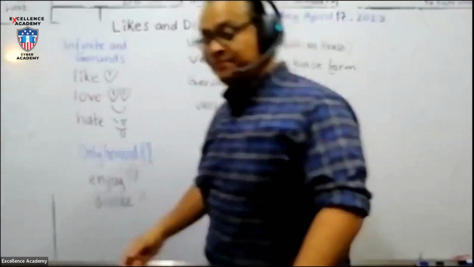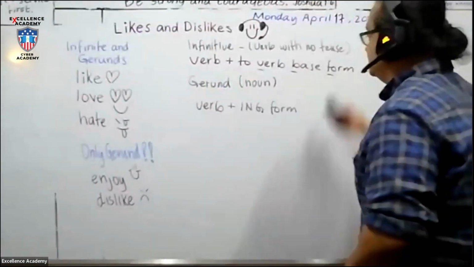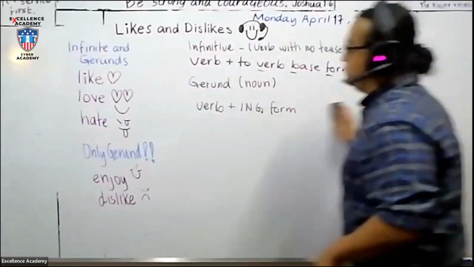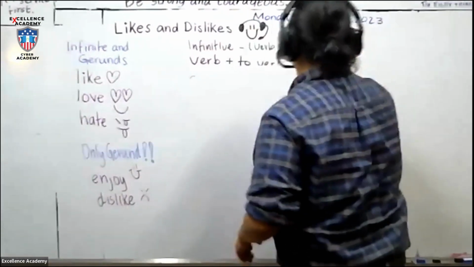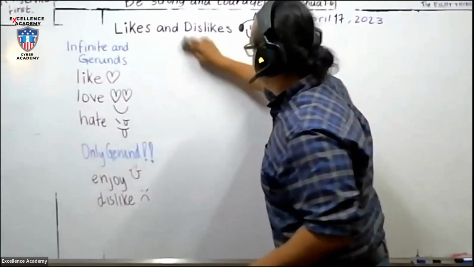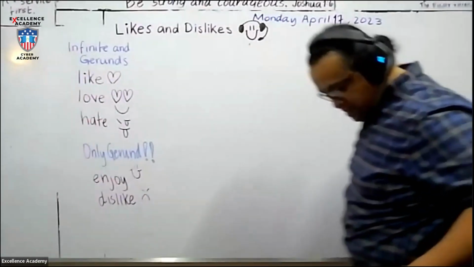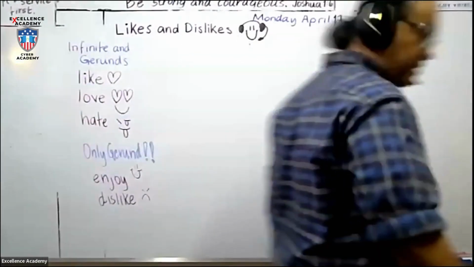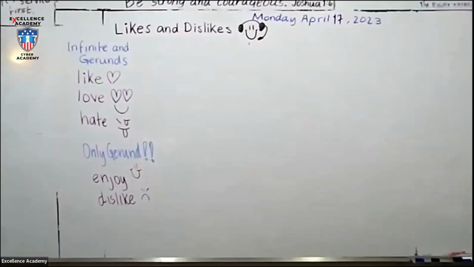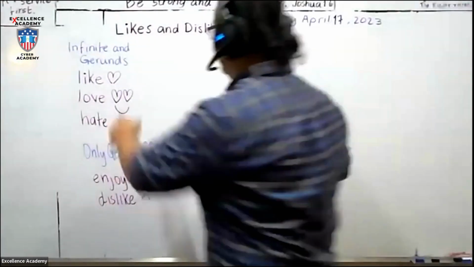So let's take a look at some examples over here on the board, okay? So everybody cool with the infinitive gerund thing, right? Just remember to use it correctly. I'm just going to quickly write a couple of examples so you can contrast both the use of infinitive and the gerund. Let's take a look. Okay, so here, let's take a look at like.